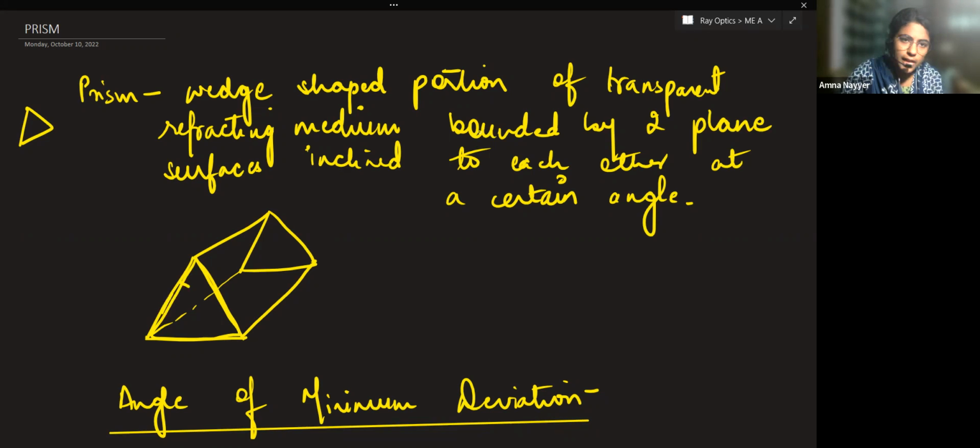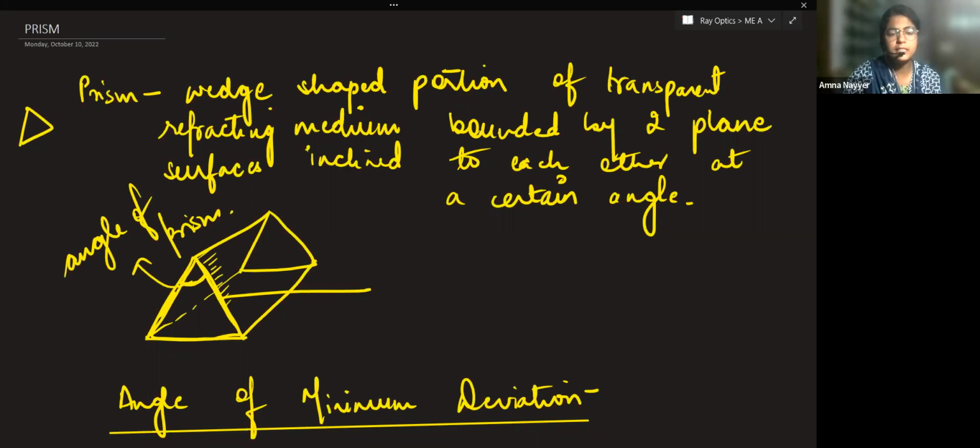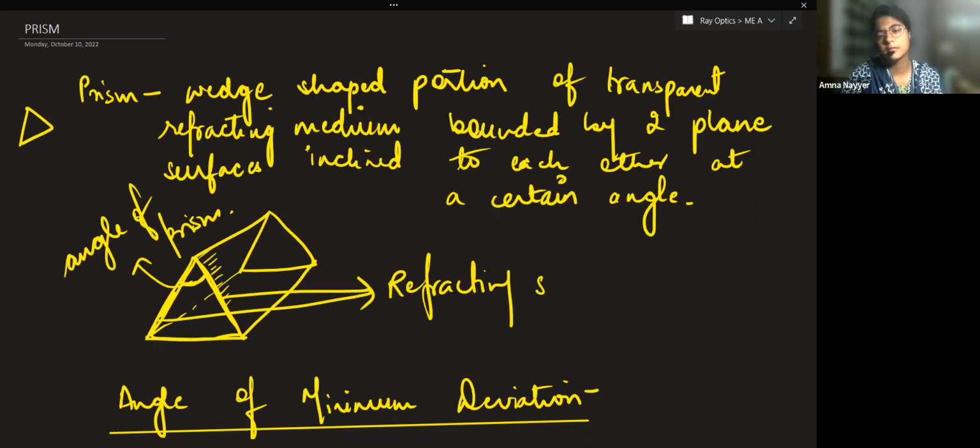So this angle that is formed by the inclination of this rectangular plate and the other rectangular plate is known as angle of prism. And these are the refracting surfaces, where this is the rectangular part and this is the rectangular part.